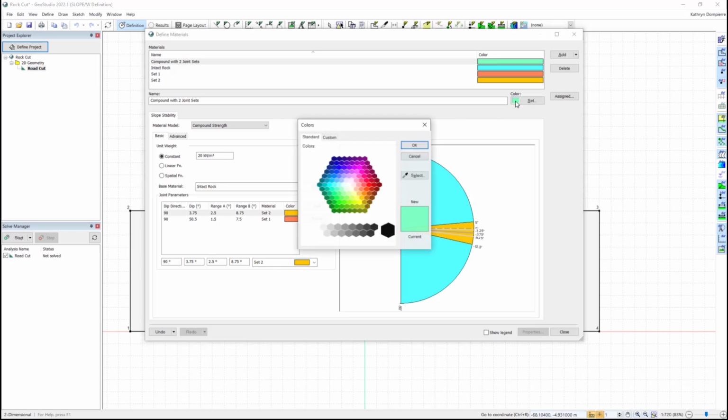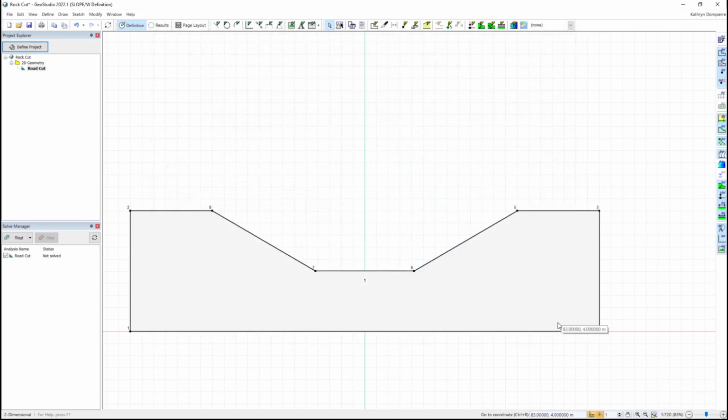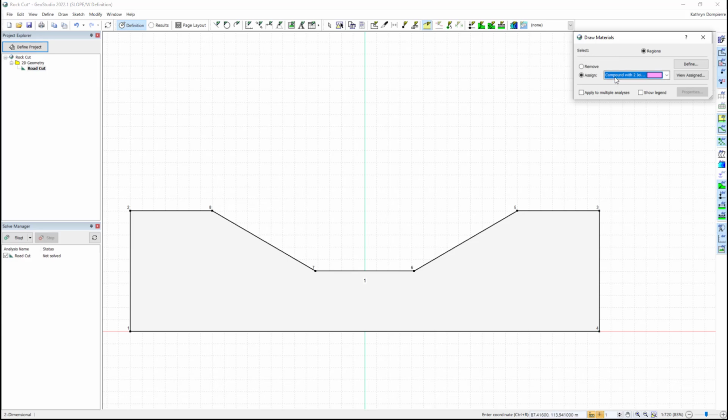With the two joint sets added, the compound strength material definition is complete. As you can see, it is very easy to add as many joint sets as necessary to a single compound material. I then will draw the compound strength material onto the entire rock mass. This single material represents by itself the rather complex anisotropic material surveyed in the field.